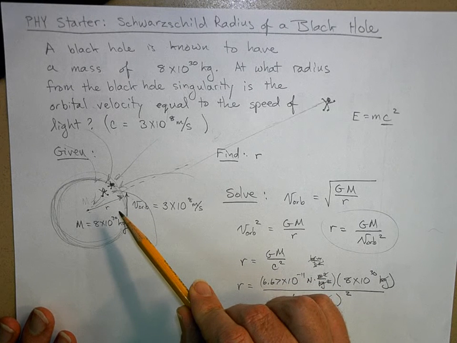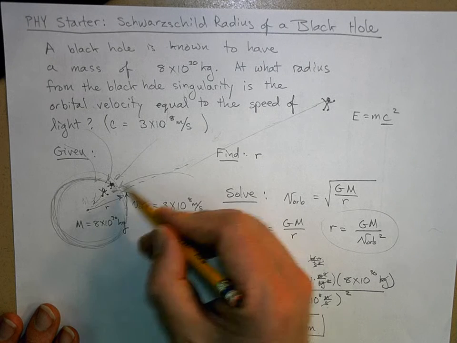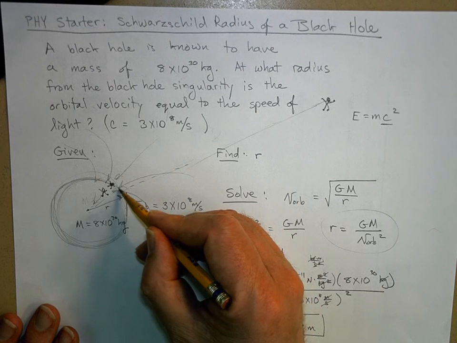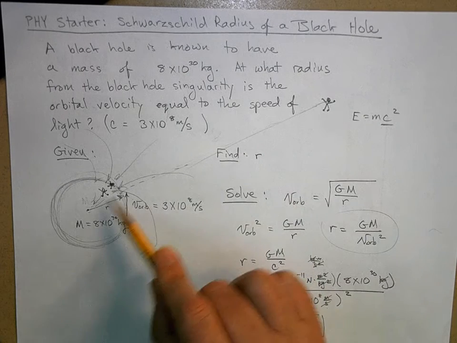Time is being distorted as well as space. And in fact, if they're at the event horizon, from an outside observer, it looks like they're going to stop.